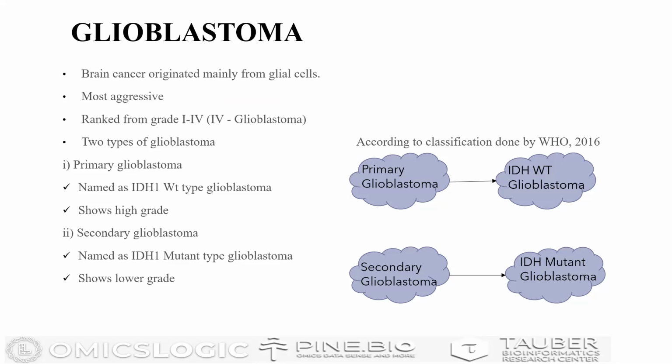Glioblastoma was originally characterized into two subtypes, primary glioblastoma and secondary glioblastoma. But according to the classification done by WHO in 2016, primary glioblastoma is considered IDH wild type glioblastoma and secondary glioblastoma is IDH mutant type glioblastoma.